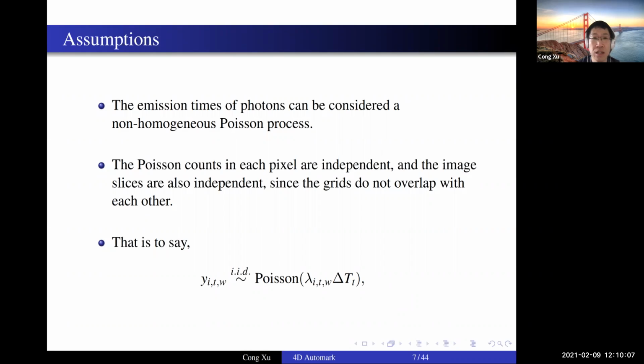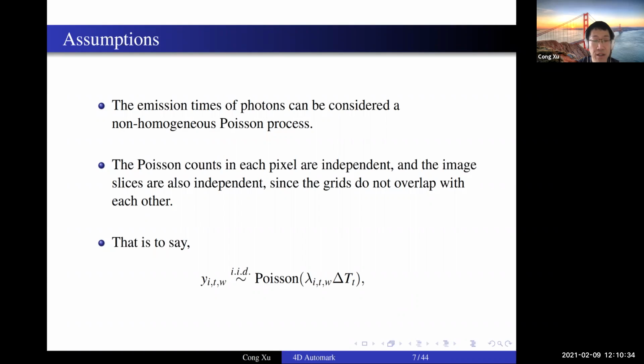So for all these observations, all these pixel values can be treated as Poisson counts. These Poisson counts are independent because these grids do not overlap with each other. And therefore, the different images at different time points are also independent.